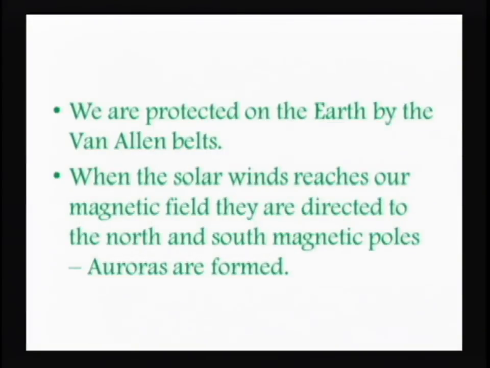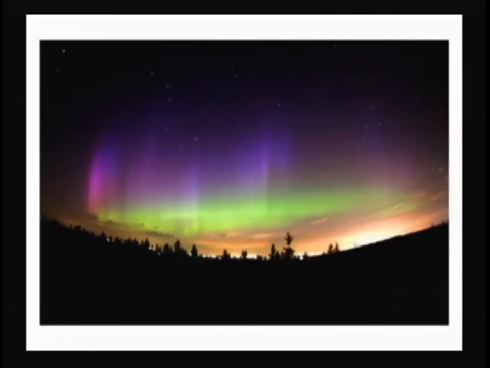Now, luckily, we're protected on the Earth by the Van Allen belt, which is really good, guys, because if we didn't have that, we would really be in trouble. When the solar winds reach our magnetic field within the Van Allen belts, the energy of those particles is directed toward the north and south poles, and we get the auroras. I've never been lucky enough to see the northern lights to this extent.